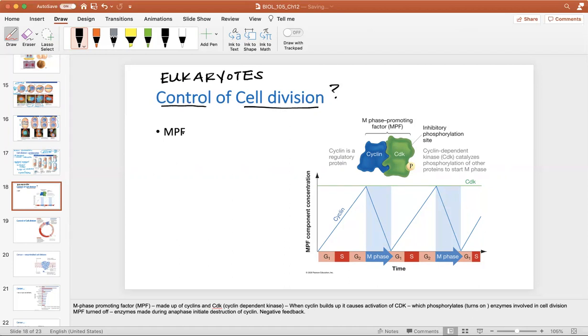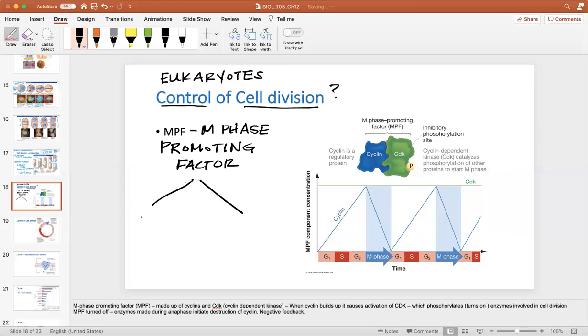Well, it turns out that there is a substance called M-phase promoting factor that determines how often cells divide. Now, M-phase promoting factor is actually made up of two components.